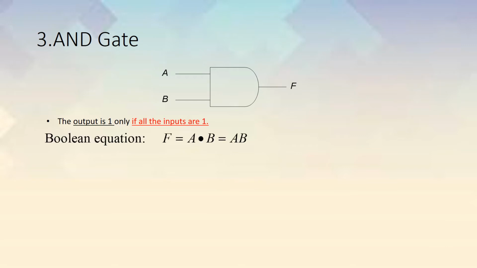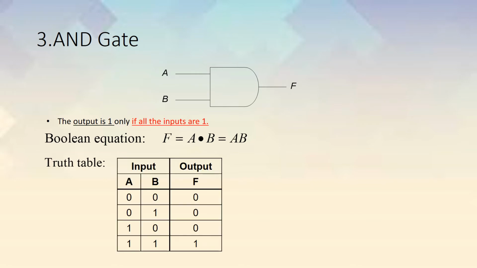Third, the AND gate. This is the symbol of the AND gate. The main point is the output is 1 only if all the inputs are 1. So the Boolean equation is F equals A dot B, or A multiply B. So the truth table, we get 4 possible input values also.